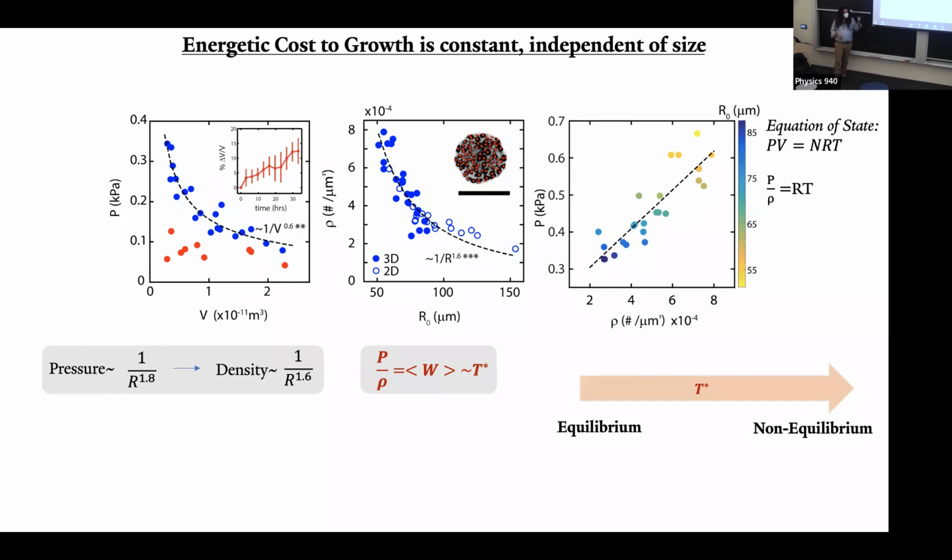The surface tension, the pressure, the density all depend on size. Interestingly, however, they depend on size the same way. So in equilibrium, you would get a constant, but it's constant because neither of these depend on size. Out of equilibrium, they're constant, but they're constant because both of them depend equivalently on size.